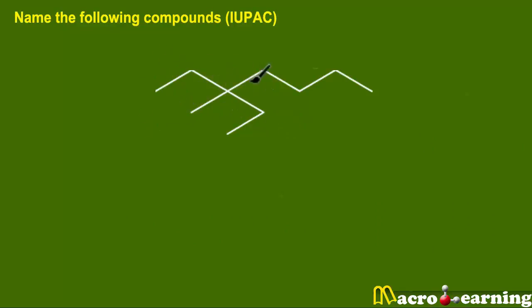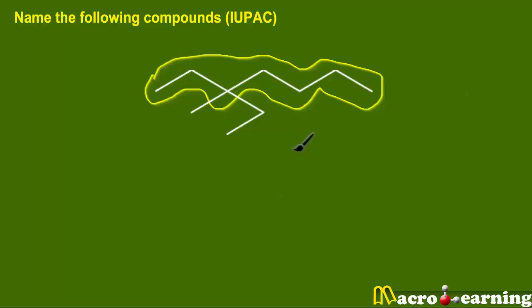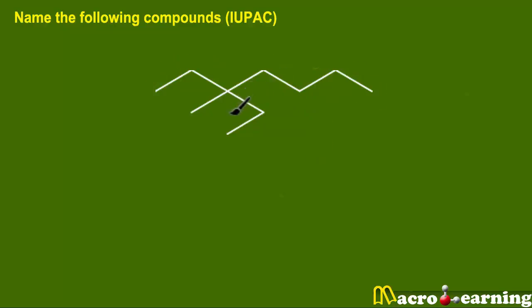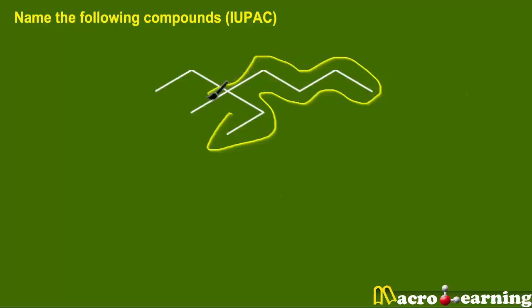Again, the simplified structure. Let's go ahead and pick the main chain. Again, pretty straightforward. Here, right? Now, if you wonder why it is not this, well, you can do it like this, except that it's not going to make any difference.